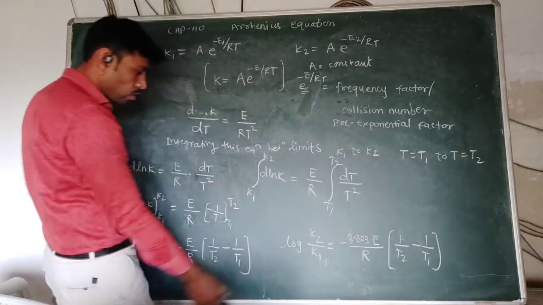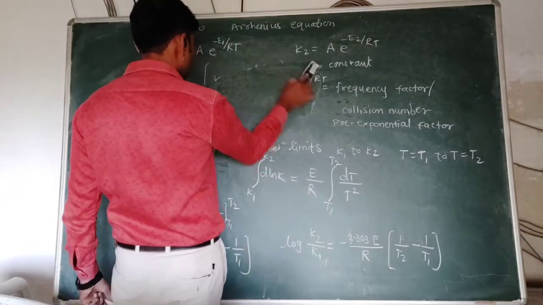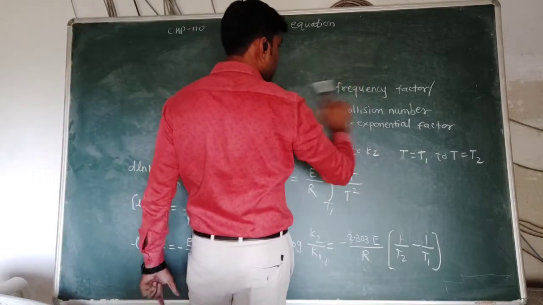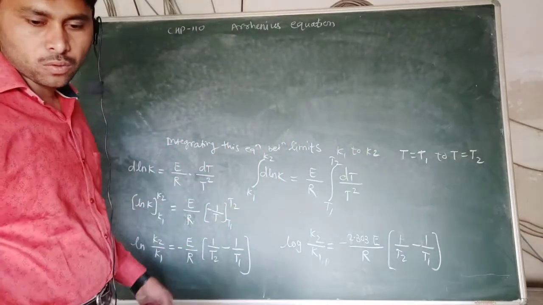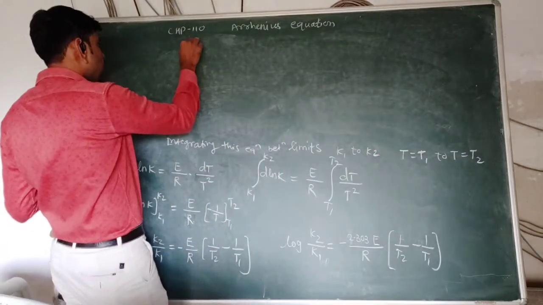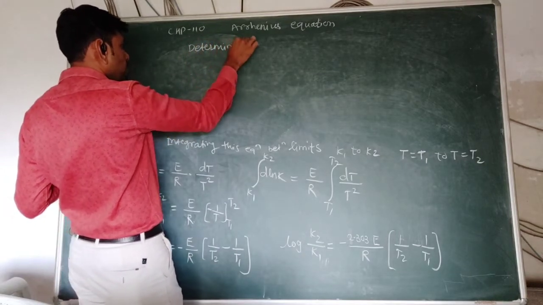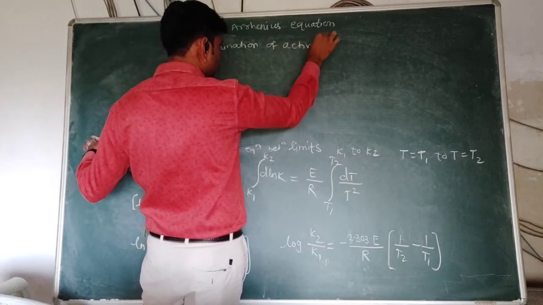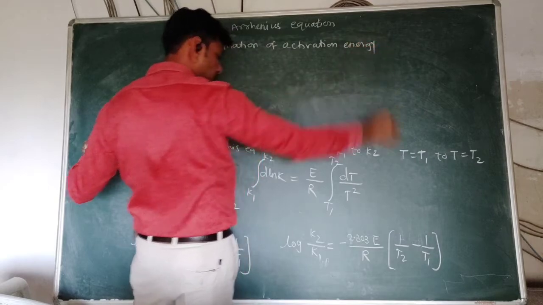This is another form of the Arrhenius equation. The Arrhenius equation defines the temperature dependent rates of reaction. Now see the determination of activation energy, which is an important point from the equation.